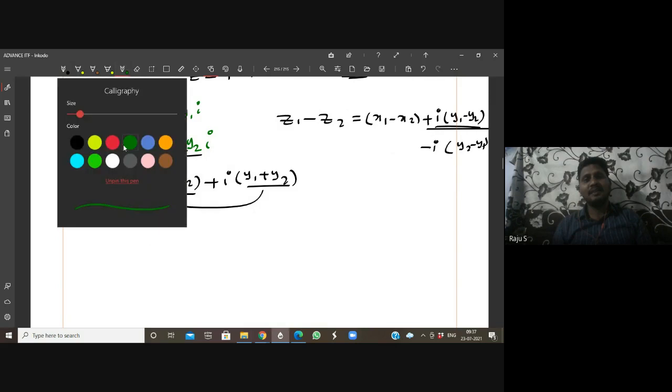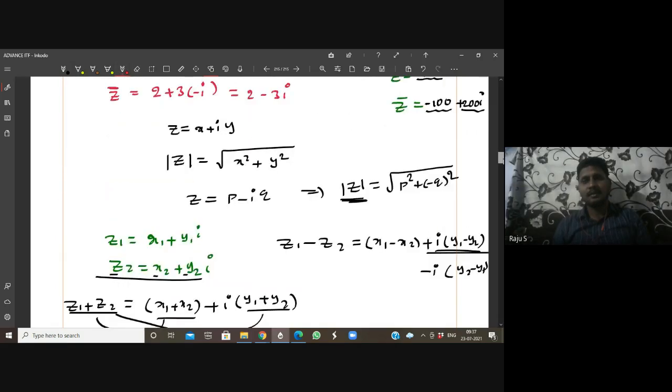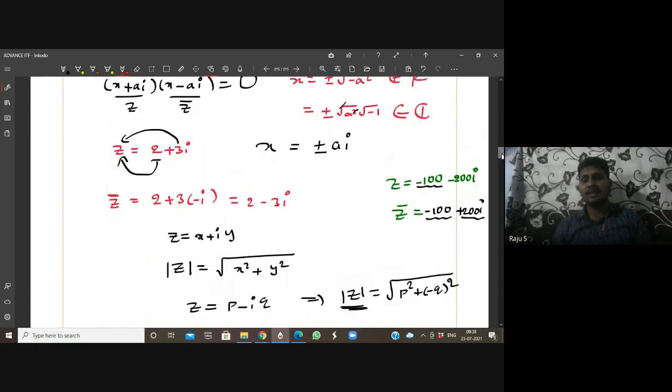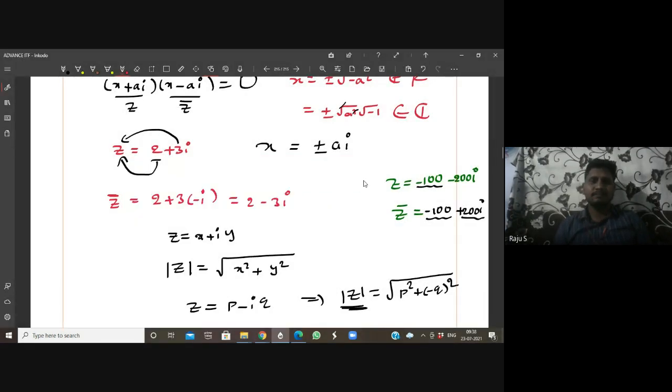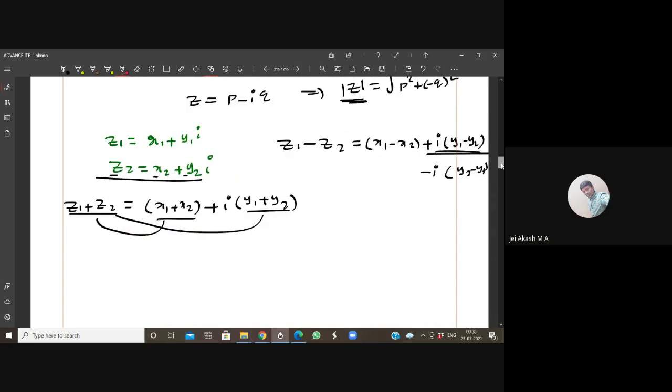Sir, can you show the modulus of Z? This I will explain again, because in NCERT the exercise which belongs to modulus and conjugate is there. Today is the first class, so that. Total how many exercises in NCERT, sir?